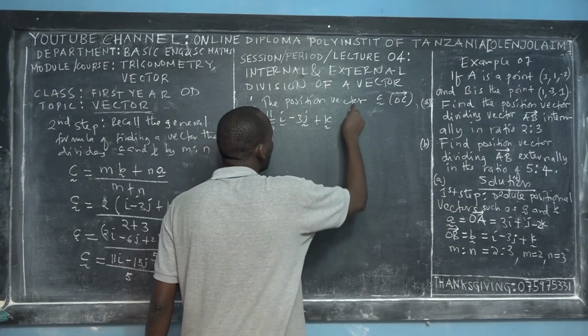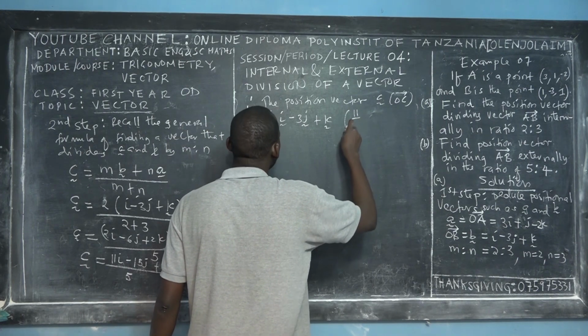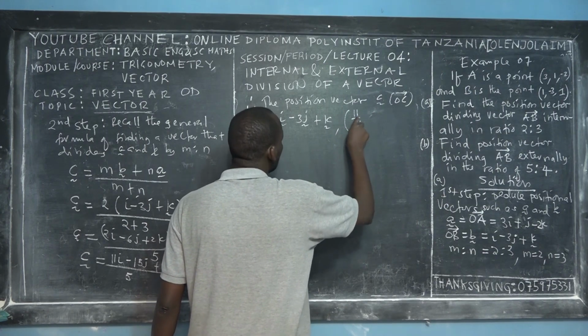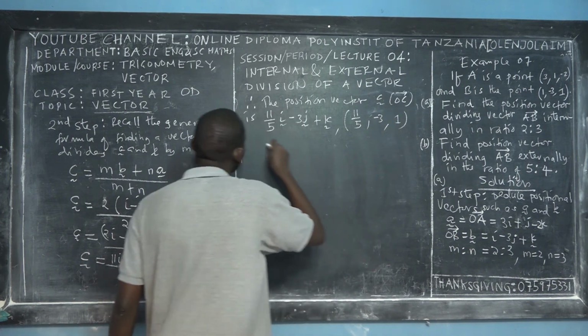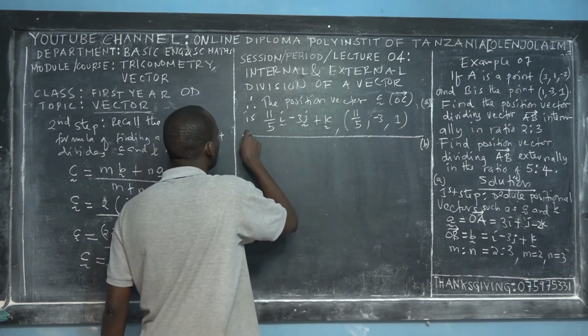Or in other words, you can write it in terms of a point: 11 over 5, negative 3, 1. So this is the final response.